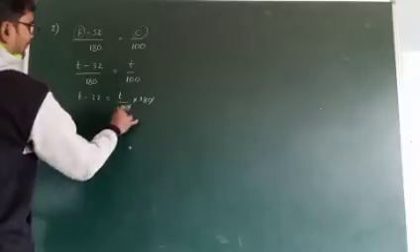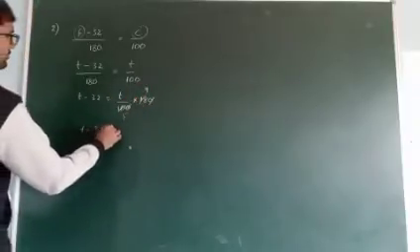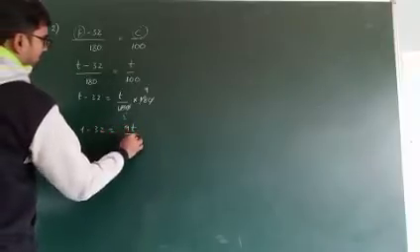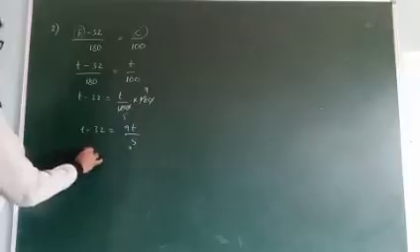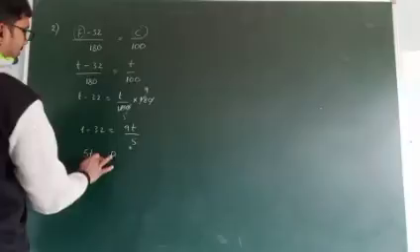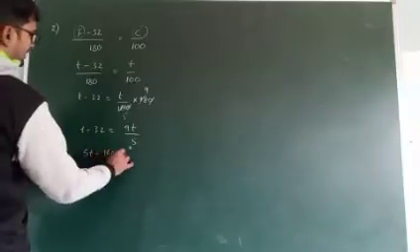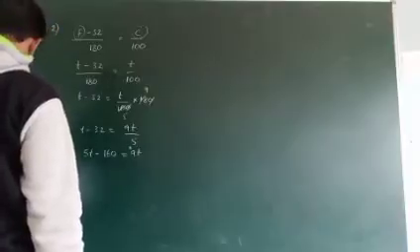So T minus 32 is equal to T by 100 into 180. Simplifying, T minus 32 is equal to 9T by 5. The 5 is moved to this side and multiplied: 5T minus 160 is equal to 9T. Okay?